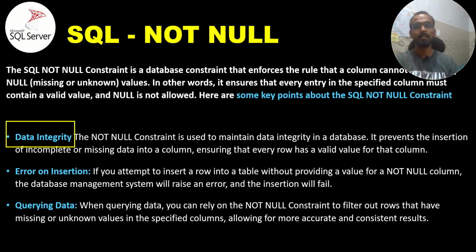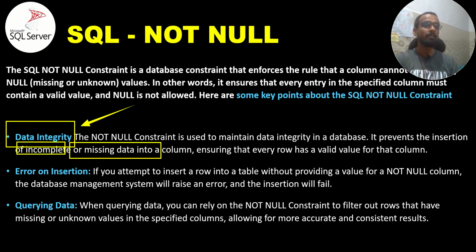The characteristic of data integrity is that whenever we provide missing or incomplete data, it will prevent the insertion. Insertion is whenever we are entering data, let's say using INSERT INTO table, this kind of statement.